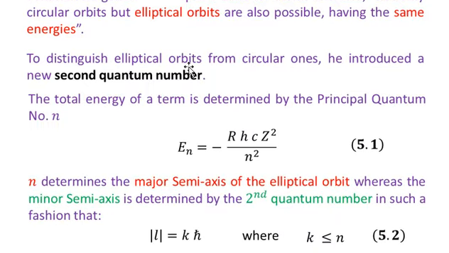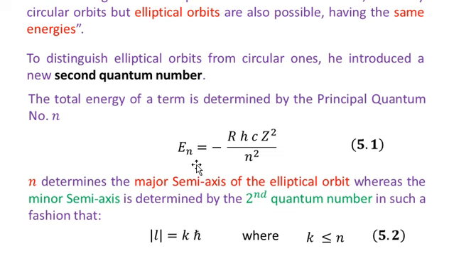To distinguish the elliptical orbits from the circular ones, he introduced a new second quantum number. The total energy of a term is determined by the principal quantum number n according to Bohr's theory.